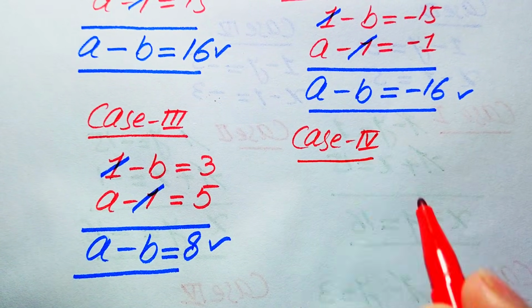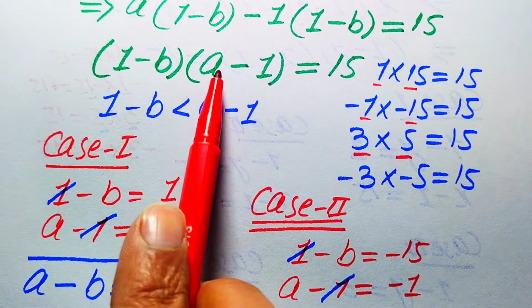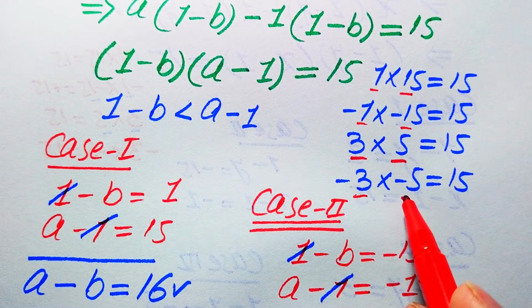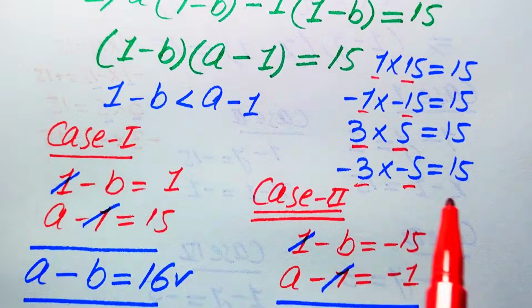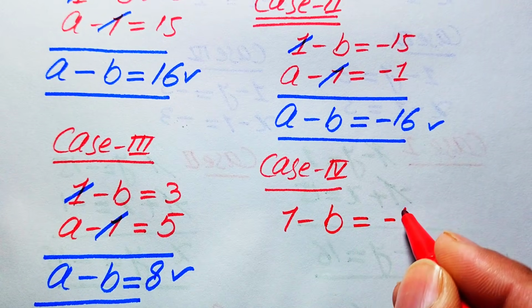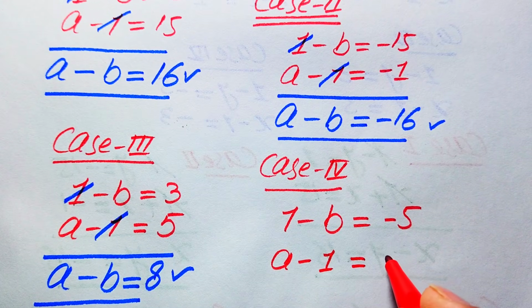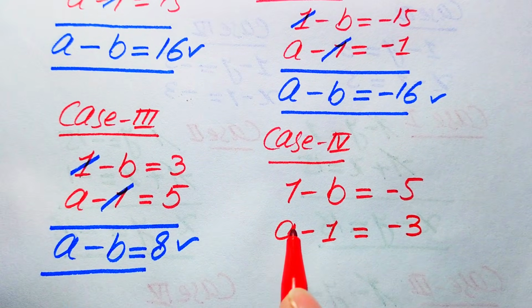In the fourth case, we again compare both of these two values with minus 3 and minus 5. So 1 minus b is equal to the smaller value, which is minus 5, and a minus 1 is equal to the bigger value, which is minus 3.